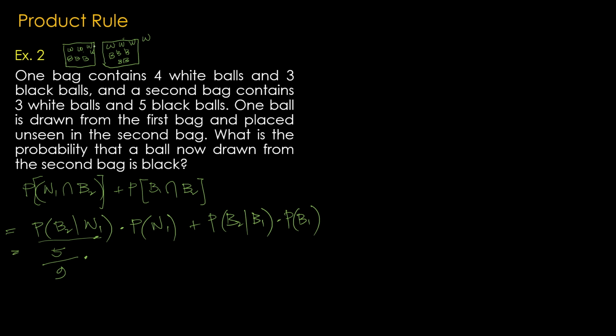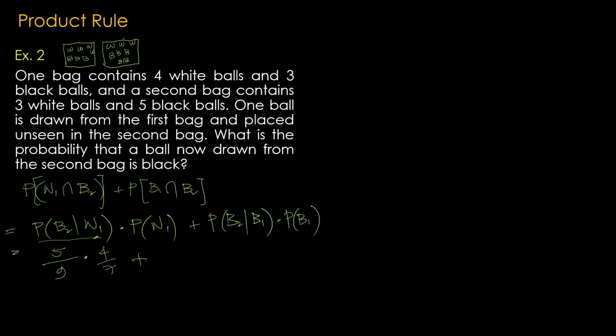Before you transfer, there are 4 white balls over the total of 7 balls, so that would be 4/7, plus.